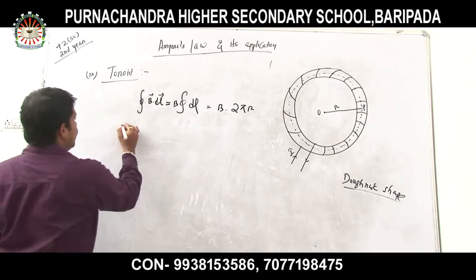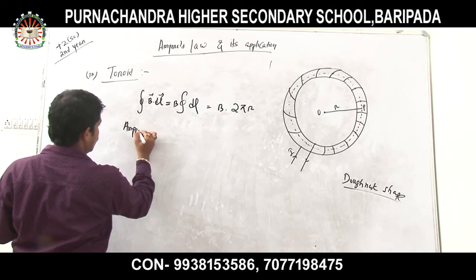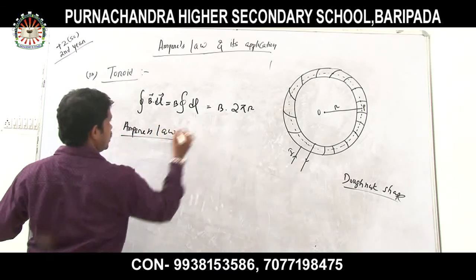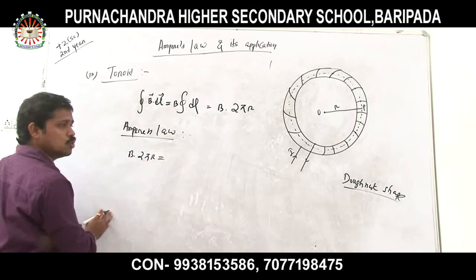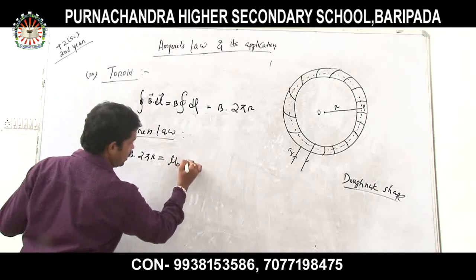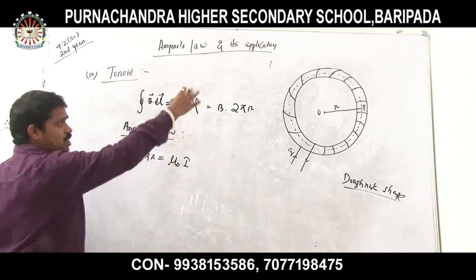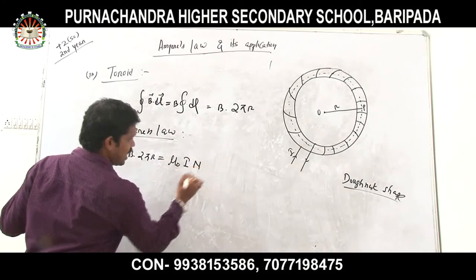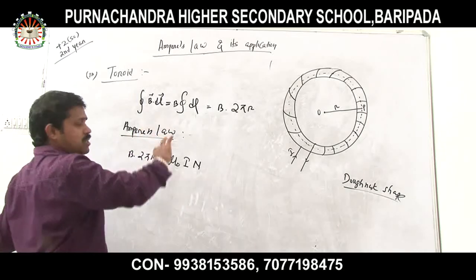Now according to Ampere's law, this closed integral of B dot dl must be equal to mu 0 times the total current enclosed by that loop. In that loop, how many turns? N number of turns. So mu 0 N I, as we have done in the solenoid.